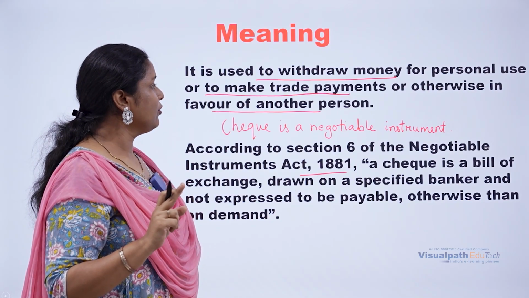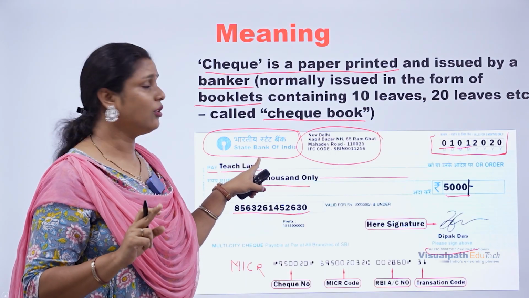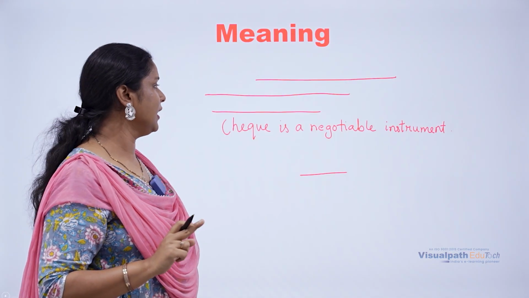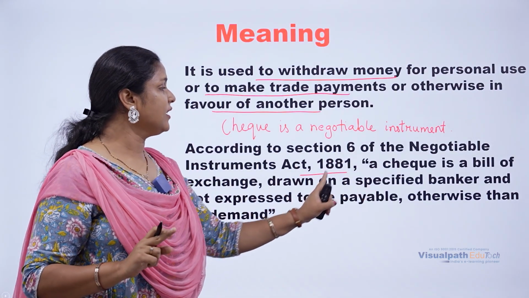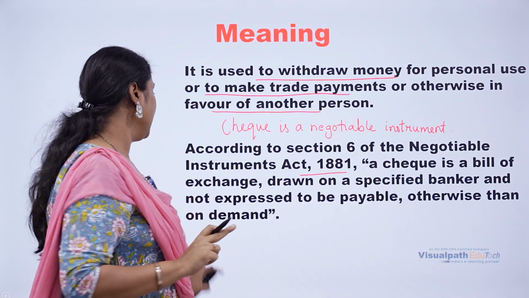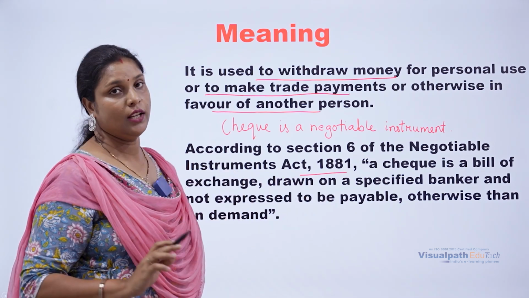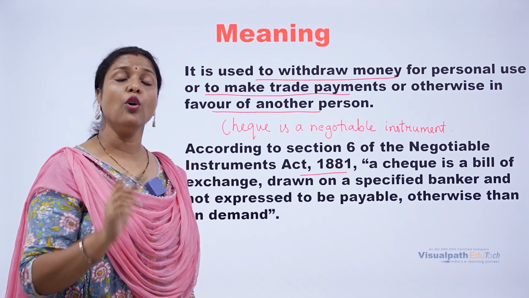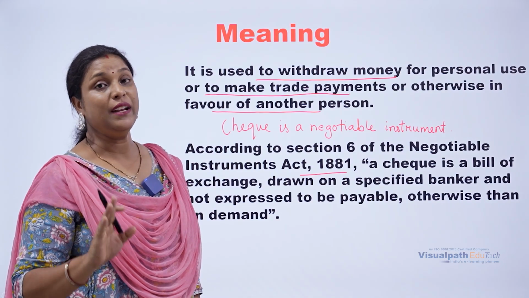Like in the previous example, which bank is it drawn on? State Bank of India. So a check is a bill of exchange drawn on a specified banker and not expressed to be payable otherwise than on demand. It means to whom you want to pay and when, only then can the payment be done.